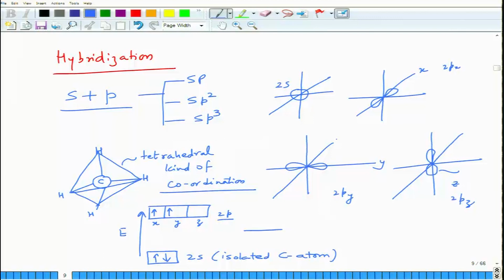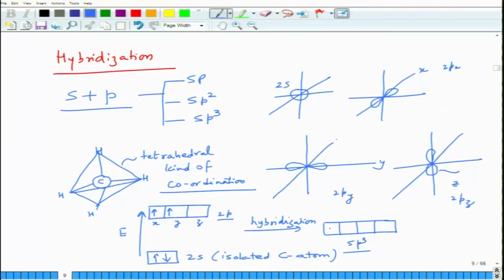So, when the hybridization happens, you make an sp3 kind of hybridized orbital like this. We say this is an sp3 orbital, and what you form is basically 4 sp3 orbitals.